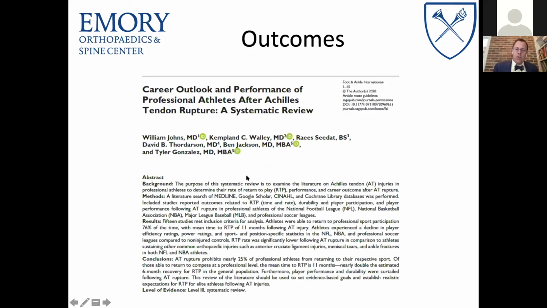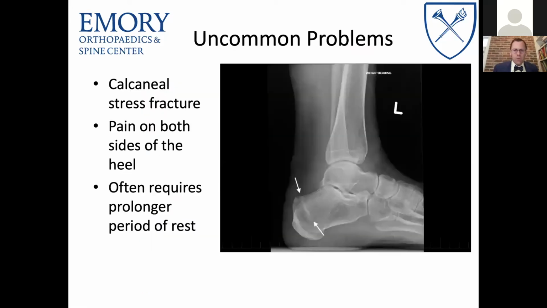This is a nice retrospective review looking at all types of athletes, and basically a quarter of athletes never got back to playing professionally again after an Achilles rupture. But their return to play is much longer than the average person. The average person comes in, I tell them 4 to 6 months, they're back to playing soccer or doing those types of things. My professional athletes, I'm telling them 10 to 12 months before they'll be able to compete fully.